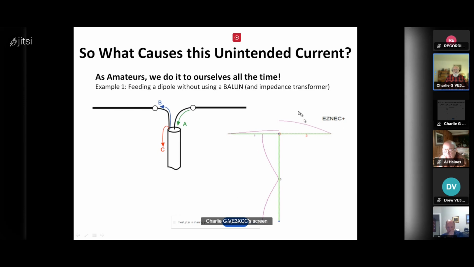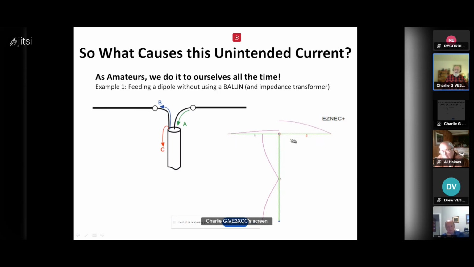Here's a model using EZNEC, which lots of us use, that shows just how nasty this can be. Rather than taking an unbalanced signal here and converting it to a balanced signal, and then doing a bit of a transformer to match the 72 ohms, which is nominally the impedance you'd expect at the center of a dipole, to the 50 ohms of the coax we typically use, you can see what all that bad mismatch actually does for the current flow in the conductors.